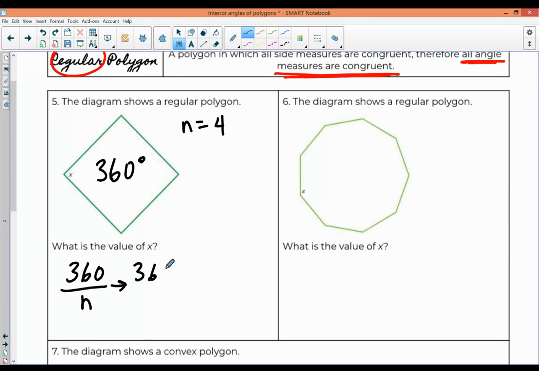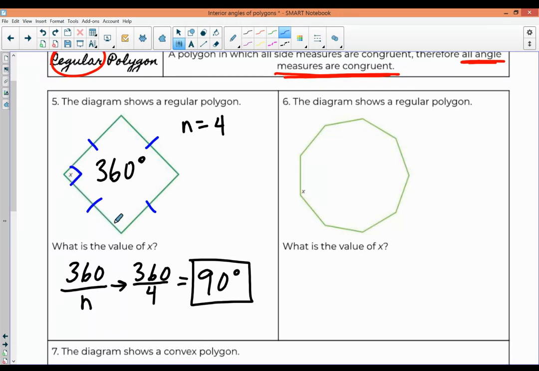So in this case, that's 360 divided by 4, which is 90 degrees. That makes sense because if this was a regular polygon, each of those sides would be congruent, and then each of these angles would be right. And then that would make that a square.